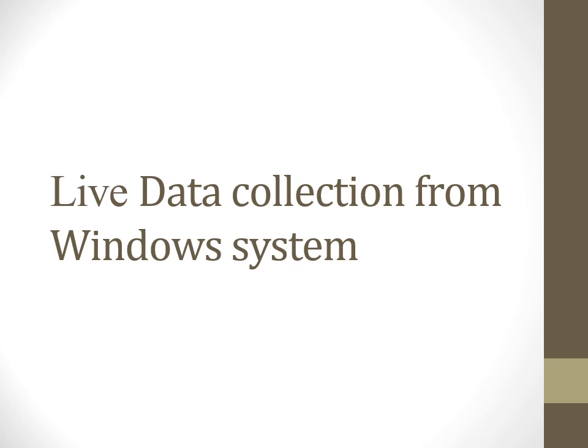And in order to perform a live data collection, we'll need what we call an IRA toolkit, or an initial response toolkit. At the end of this lecture, I'm going to show you how you can create an IRA toolkit.